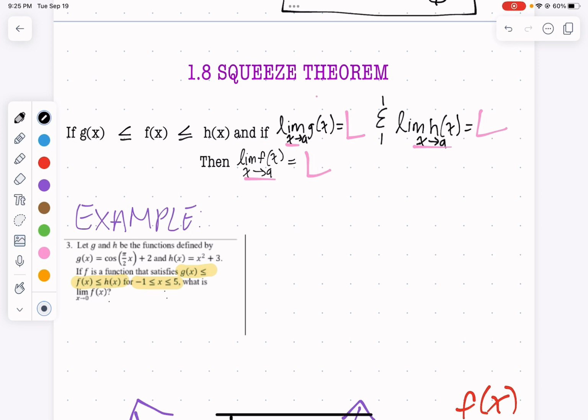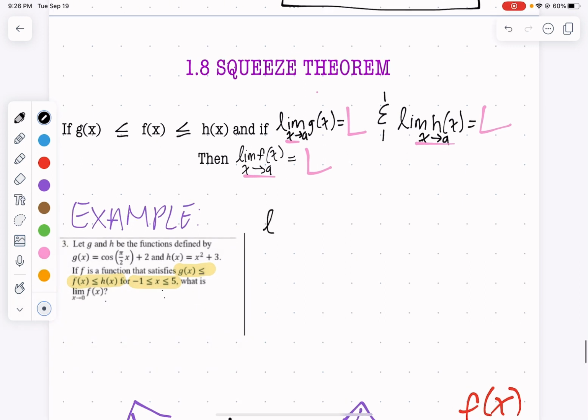With this example, we're going to find the limit of g of x first as x approaches 0. Based on our squeeze theorem, if the limit of g of x is the same value as the limit of h of x, then that will also be the limit of f of x.